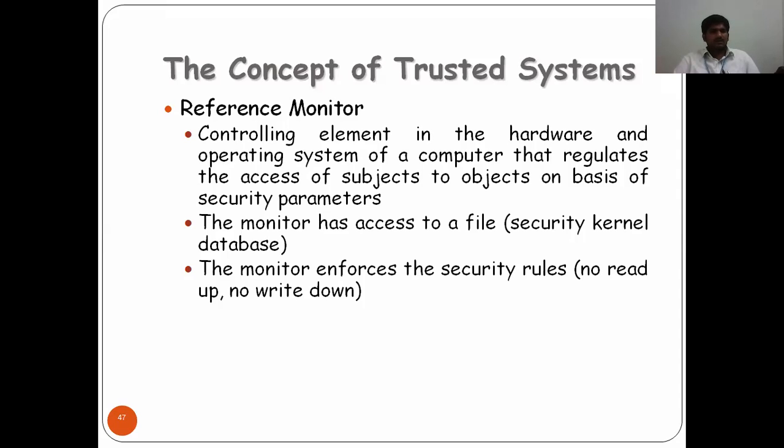In between, it acts between objects and subjects and provides some regulations, meaning rules on how to access and how to process everything. The monitor has access to a file, the security kernel database. That is how it is accessed from the database. That is one.